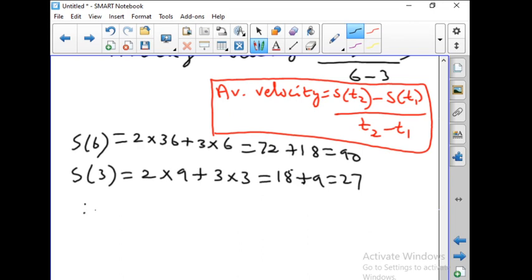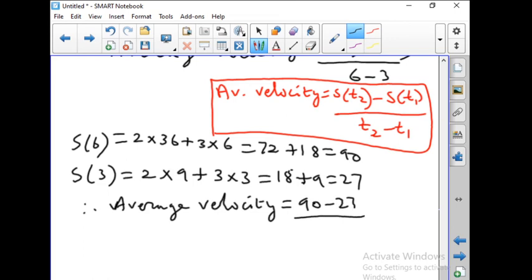So therefore, what is the average velocity? Average velocity by formula is equal to 90 minus 27 by 6 minus 3, which is 3.